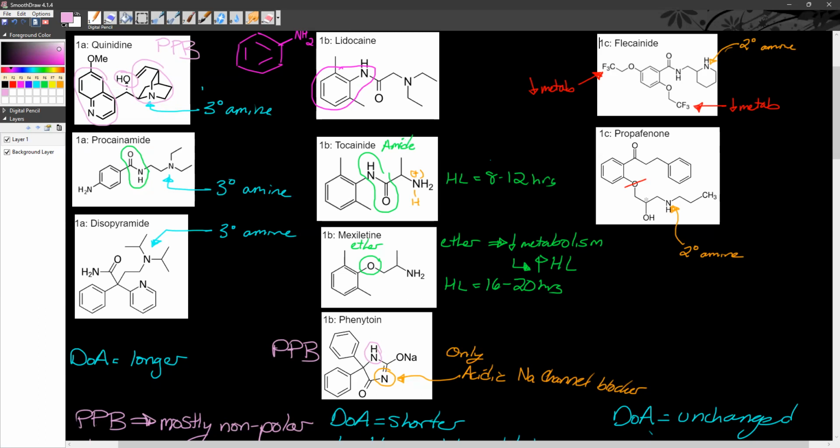And then I think there is one more. Nope. Yeah, I think that is pretty much the only two that would be highly protein bound. Does that make sense from when we look for protein bound or not?